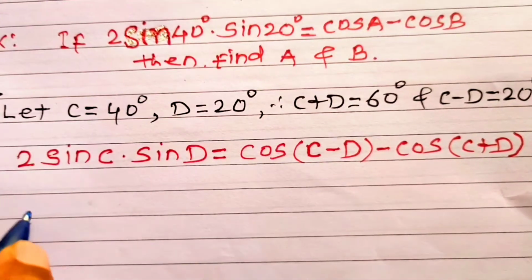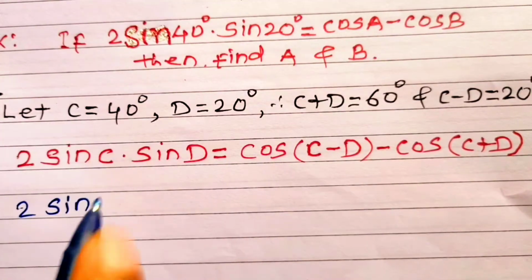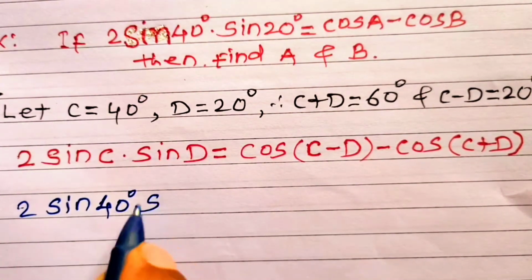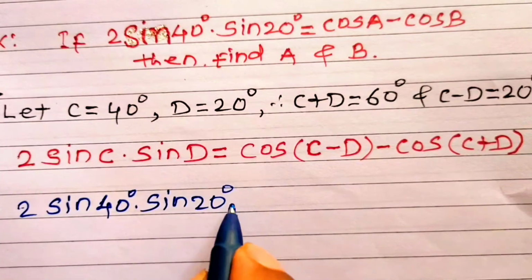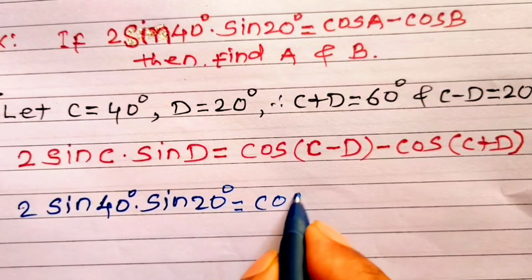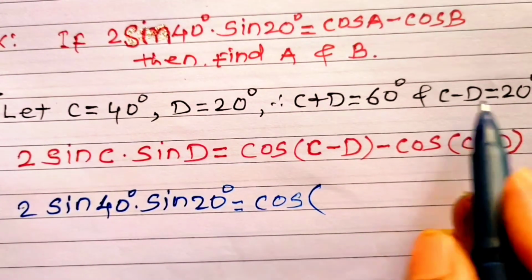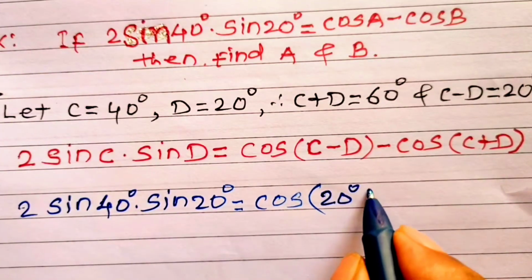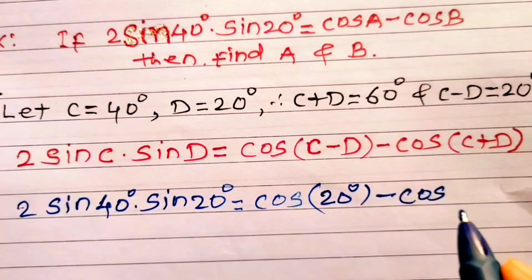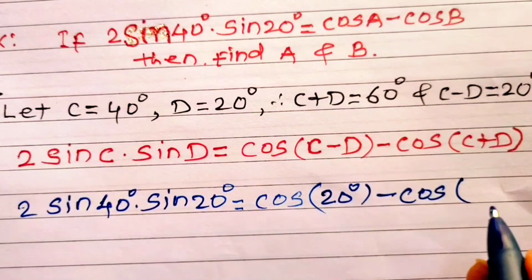Now in this formula we have to put the values of C, D, C plus D and C minus D. Hence 2 times sine of C is 40 degree into sine of D is 20 degree. This is equal to cos of C minus D, and you know C minus D is 20 degree, minus cos of C plus D, and C plus D is 60 degree.